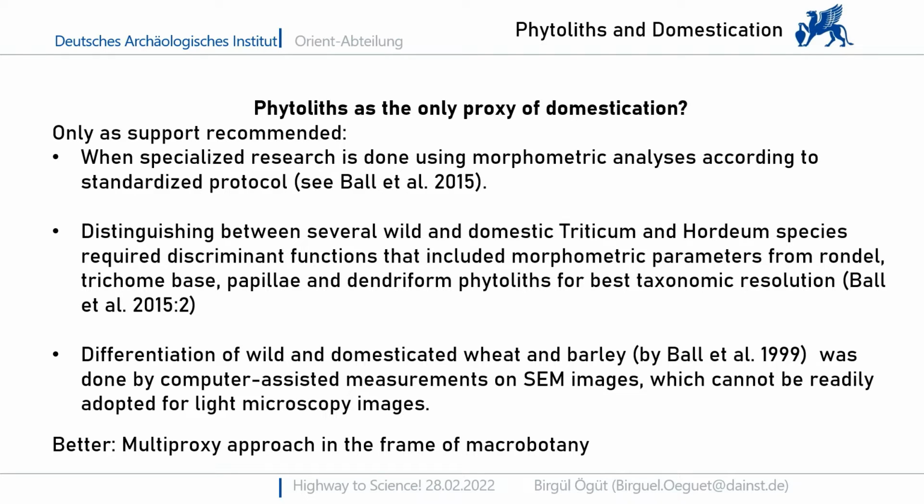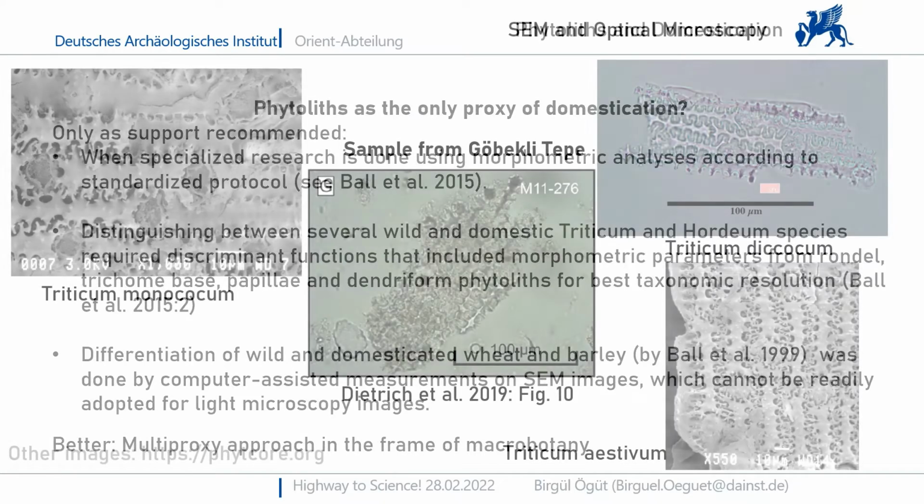Differentiation of wild and domesticated wheat and barley was done by Ball et al. by computer-assisted measurements on scanning electron microscope images, SEM, which cannot be adapted one-to-one for light microscope images, or at least one should be aware of this when measuring microscopic particles in a high magnification. So in my opinion, it is always better to have a multi-proxy approach in the frame of macrobotany.